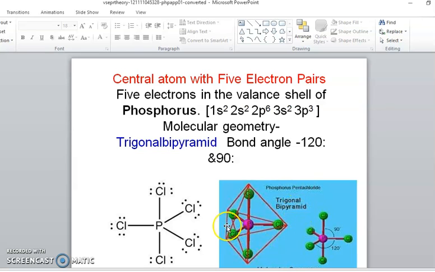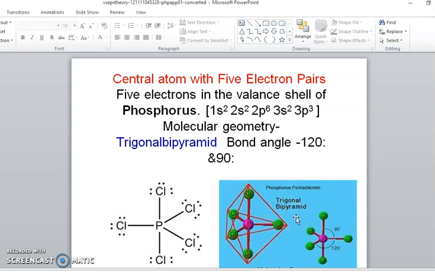You can see there is a pyramid with a triangle as a base in the upper part, and one more such trigonal pyramid. So there are 2 trigonal pyramids, which is why it is called trigonal bipyramid.